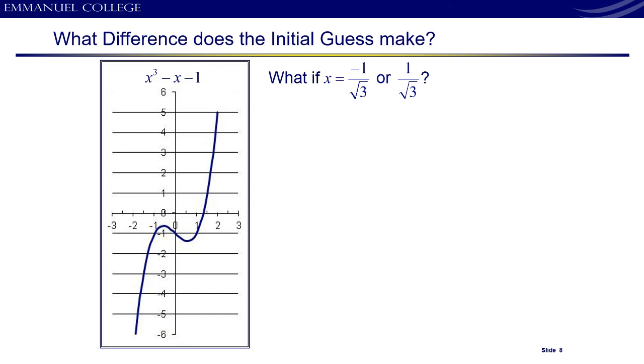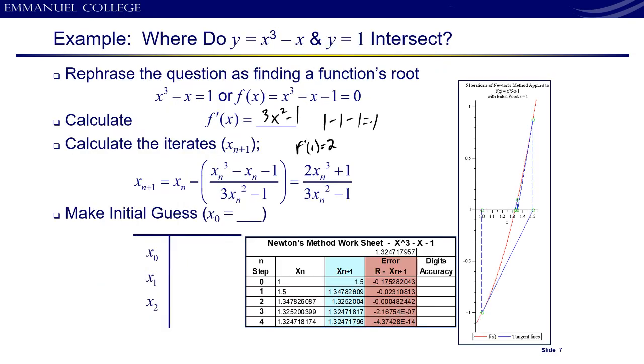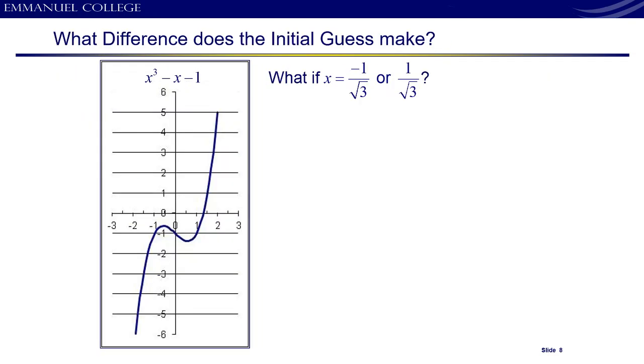Now, what difference does your initial guess make? I've kind of been talking about this and alluding to it. So, these are just two values, negative 1 over the square root of 3 and 1 over the square root of 3.